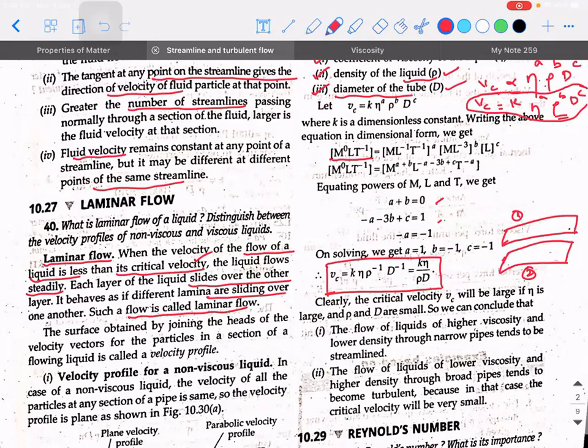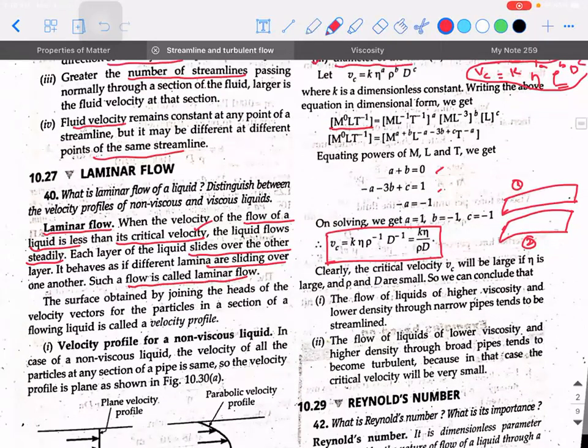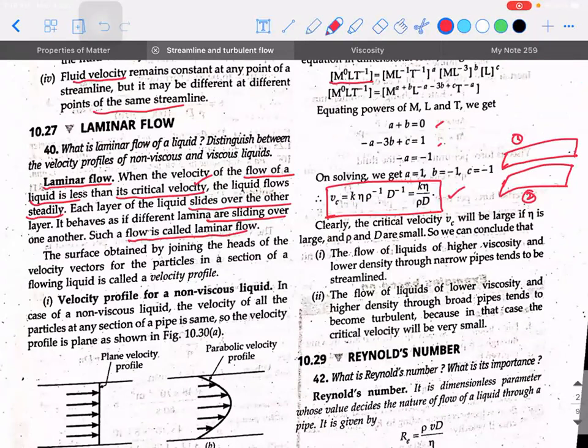So I hope it is done. From this expression, what we can conclude is that the critical velocity will be large if the value of eta is large, because critical velocity is directly proportional to eta, and the values of rho and d are small. That is, the density of the liquid should be less and the diameter of the tube should be less for its critical velocity to be more.